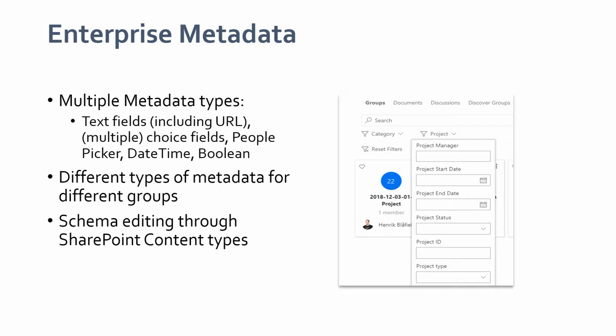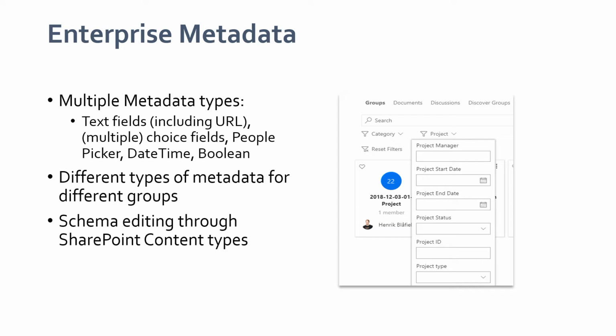And you can have different types of metadata for different types of groups. So for instance, for teams, you can leave out the project manager field and the project start date and project end date, and just have, for instance, the team leader field for groups that are of type teams.